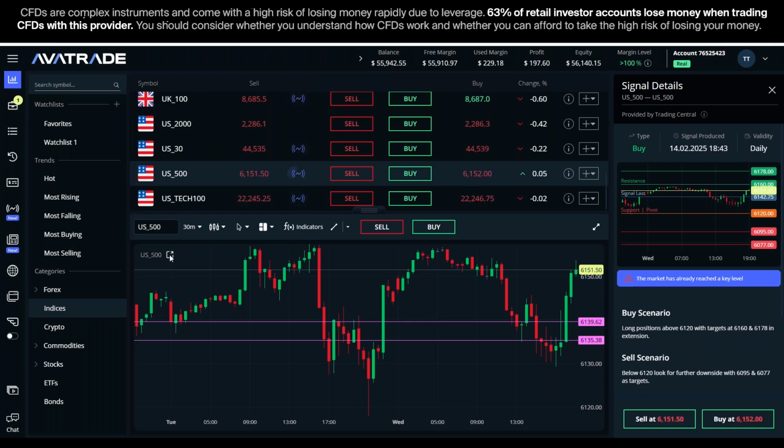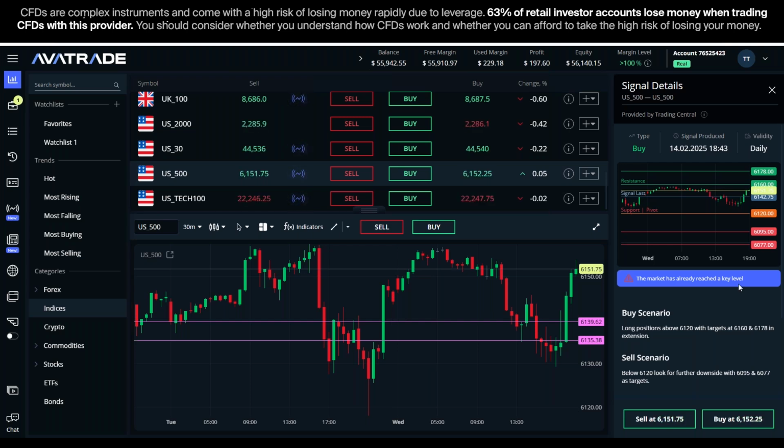If we push this button here, we can detach the chart from the platform and open as many charts as we want separate from the platform. So that's a feature that's nice as well for those of you that like to have multiple windows open, and you can trade from each window as well.